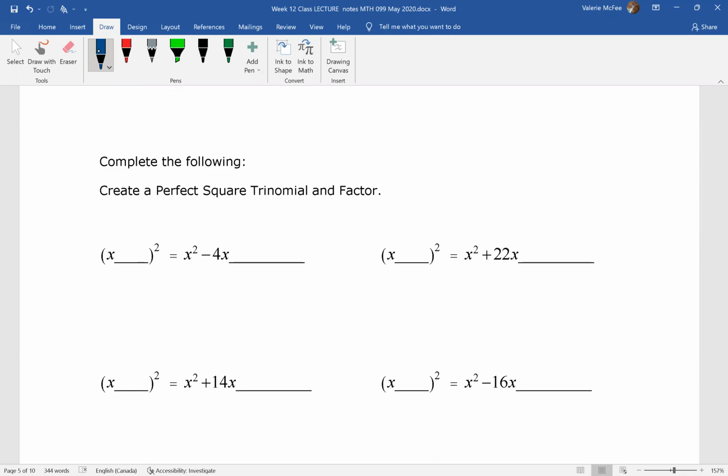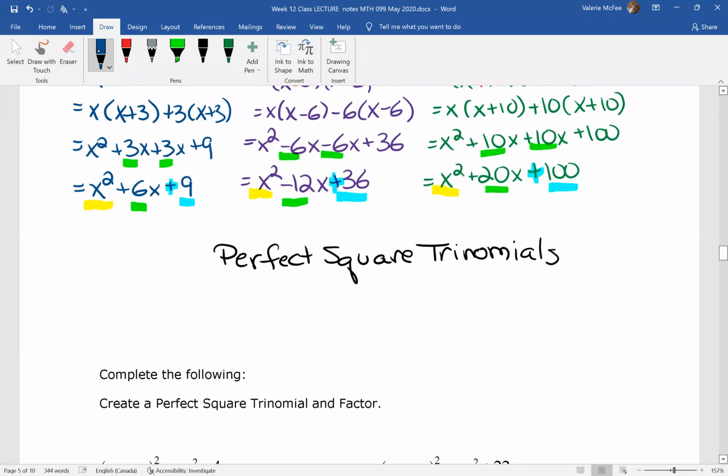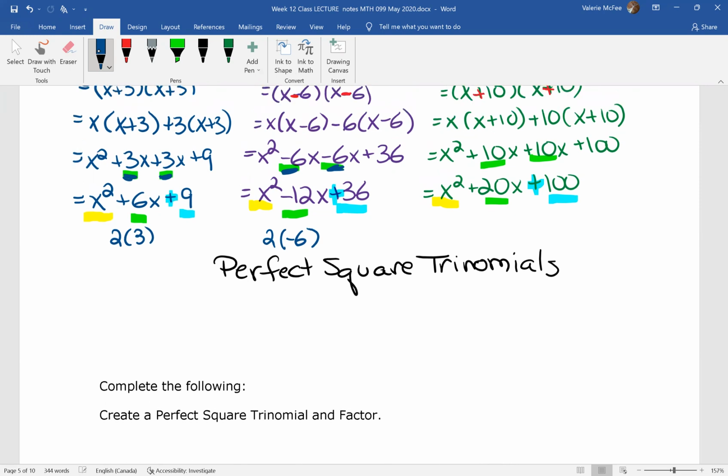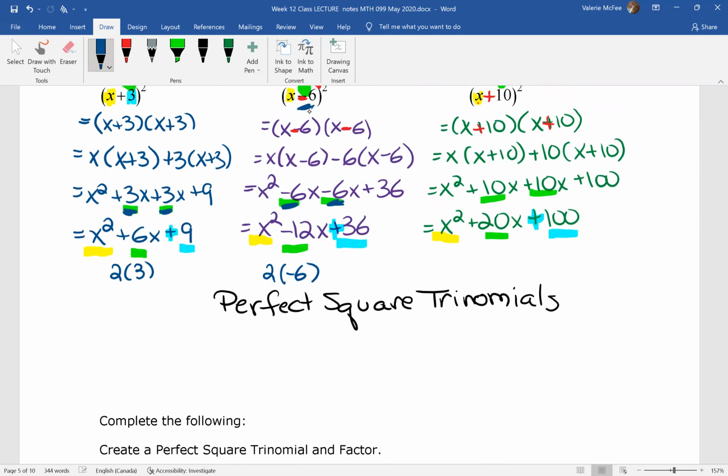Well, remember what we said. We said that this 6 was 2 times 3, this 3. This negative 12 was 2 times negative 6, this negative 6. 20 was 2 times 10, this 10.